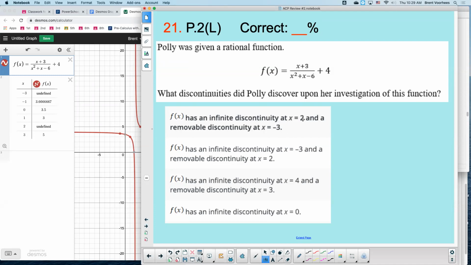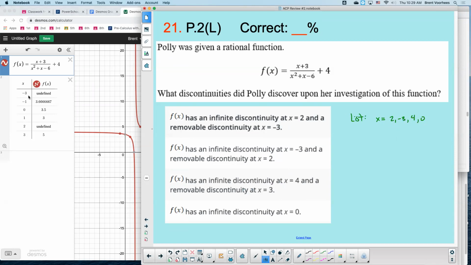I'm going to make a list here of the x's we need to check out. We're going to have x values of negative 3, 2, 4, and 0. We're going to go check out those values and see what happens at those spots.